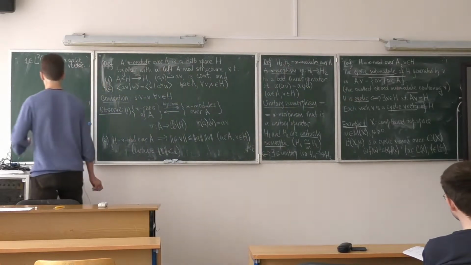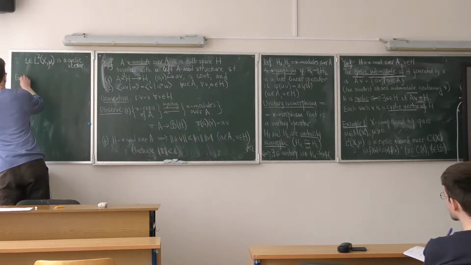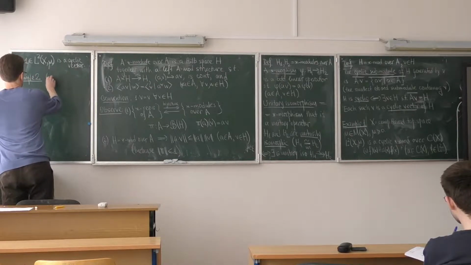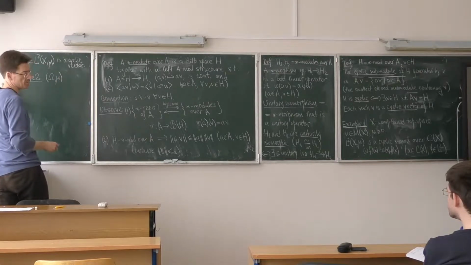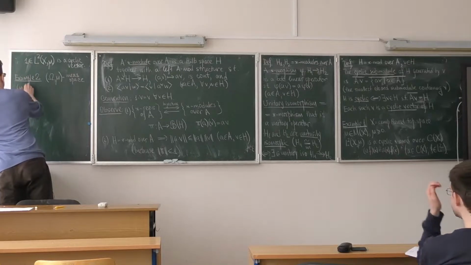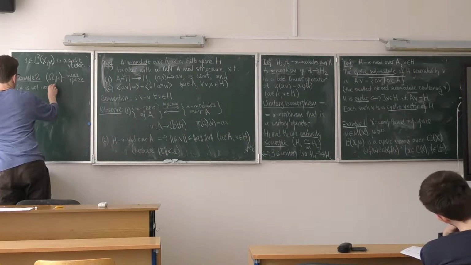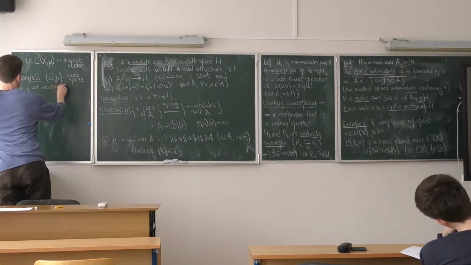This will be our preliminary version of the functional model. And example 2, and this example is also typical. Suppose now that we have an arbitrary measure space, so mu is not necessarily finite and is not necessarily sigma finite.